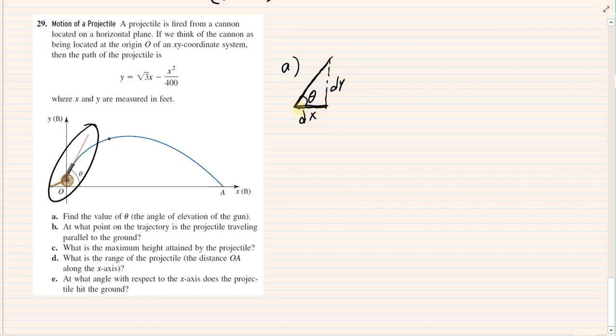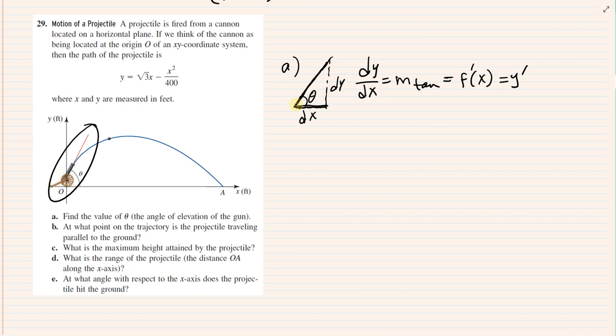And that's going to be the angle of elevation. Well, change in y over change in x, isn't that the slope of a tangent? Slope of a tangent, which is f prime of x, right? Or y prime. They use y. This is y prime.